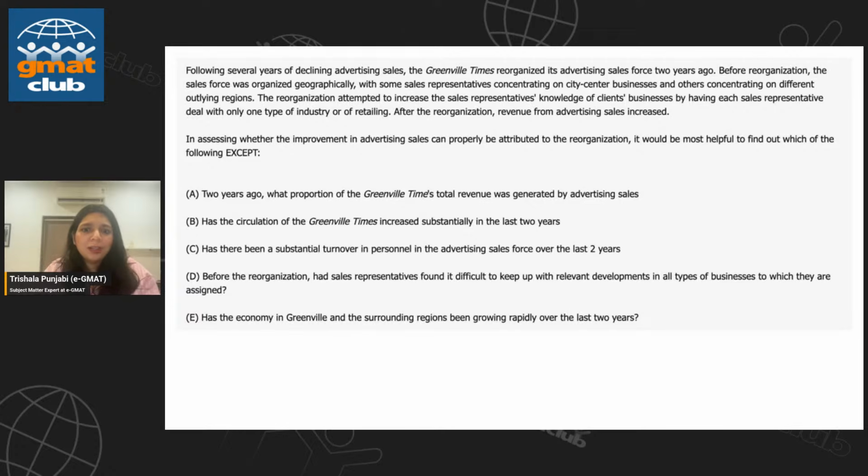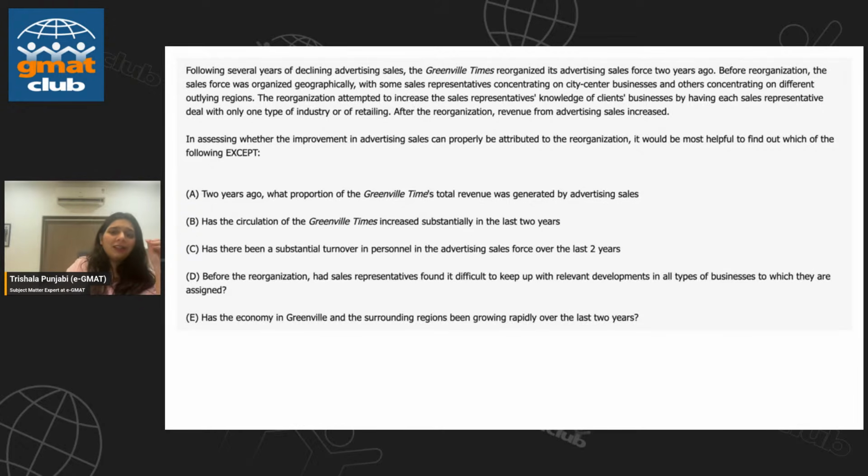Similarly, I can find my job easy and be bad at my job. All right. So doesn't matter. Let's say the representatives had found it difficult to keep up with it. Doesn't matter. They still could have been really good sales representatives. They could still have done a good job. And let us say before the reorganization, they did not find it difficult to keep up with it. Again, they could have been bad. Despite not finding it difficult, they could have been bad employees, right?